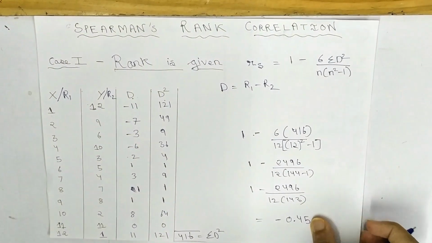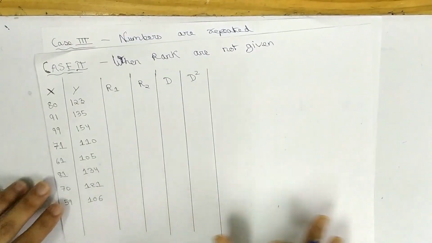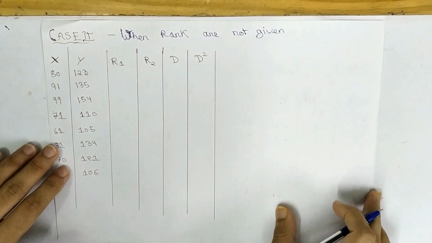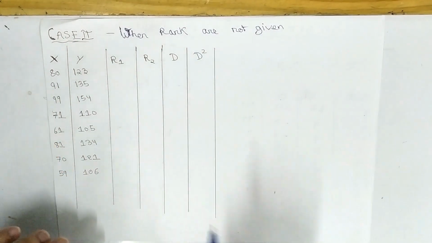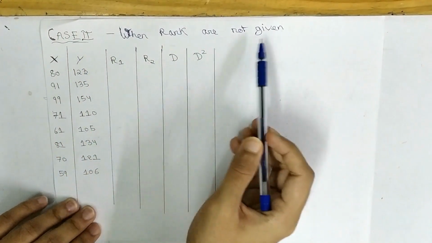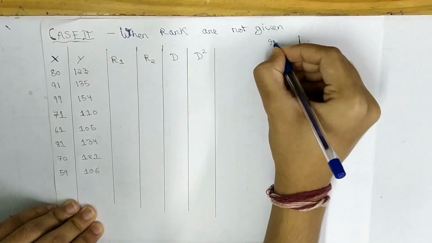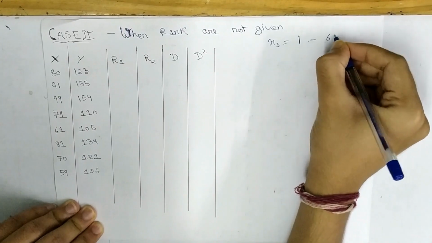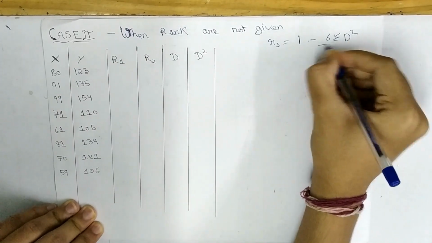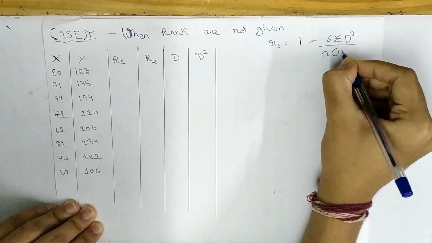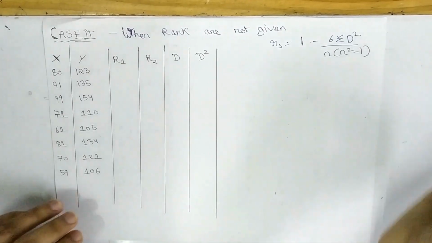Now move on to case 2. In case 2, the rank is not given and the formula is the same: 1 minus 6 sigma D square upon n square minus 1.